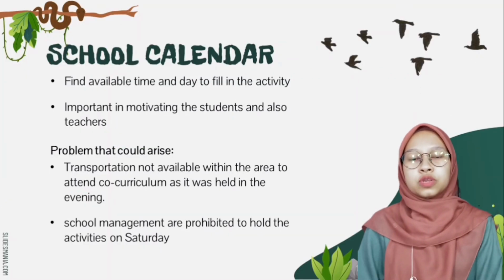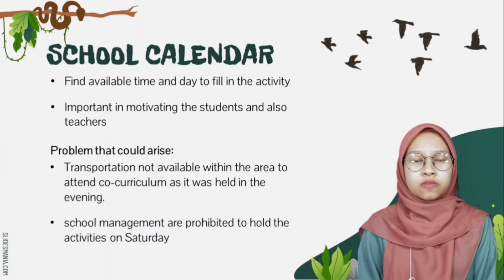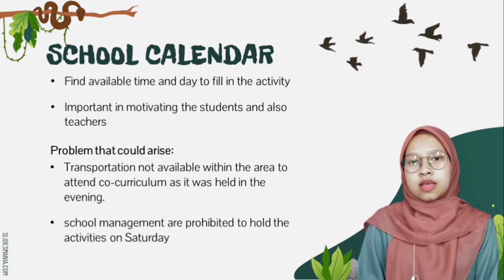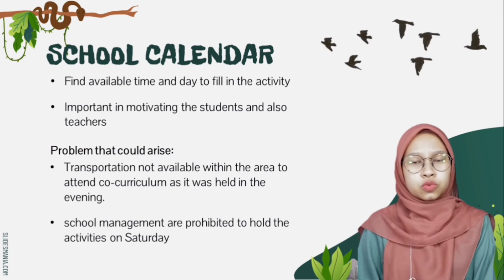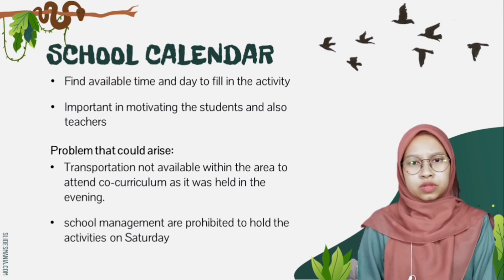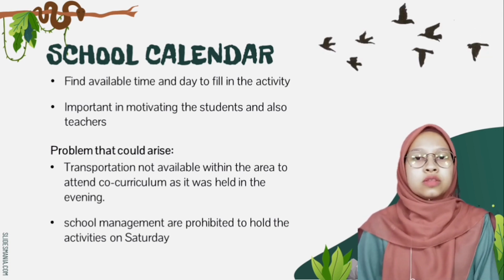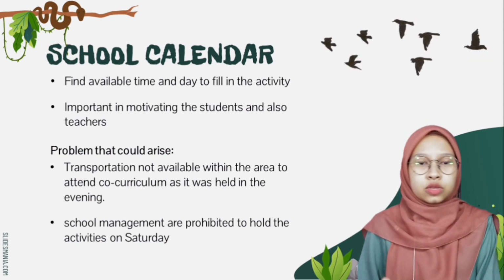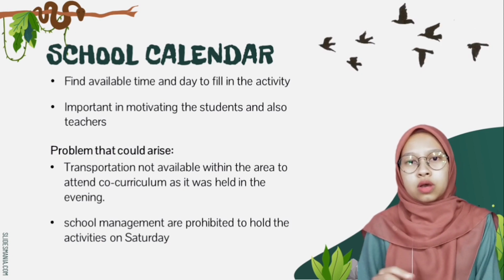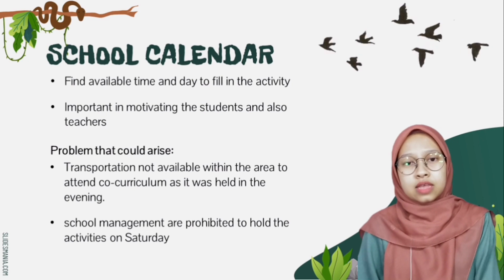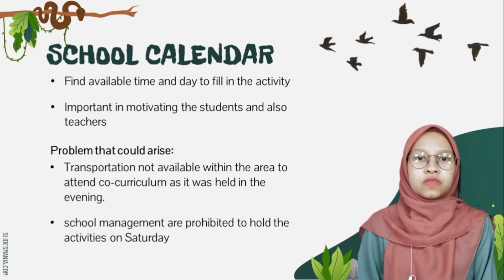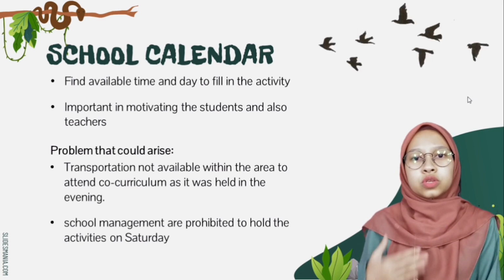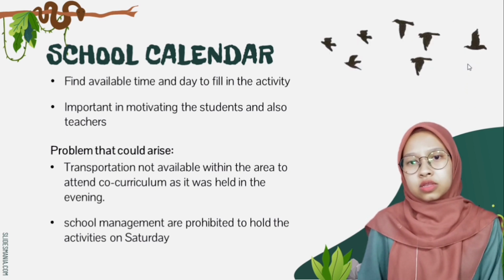Next, we also need to consider the availability of slots in the school calendar. Planning annual extracurricular activities without referring to the school calendar is impossible. This is because we need to find available time and day to fill in the activity that we are about to build. Besides, time allocation for the activity is very important in motivating the students and also teachers to participate in the activities.